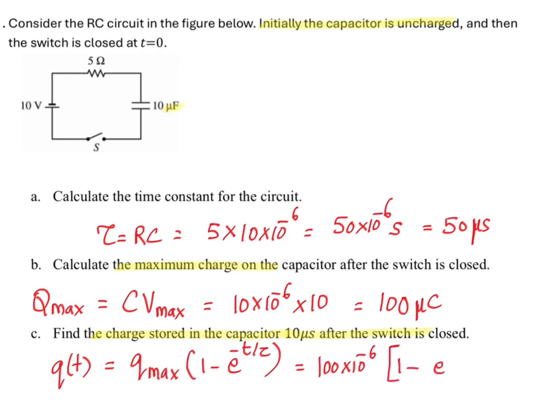Q max we found, we'll substitute that number, which is 100 microcoulomb. 1 minus e to the power of negative t. T is 10 microseconds, so 10 times 10 to the power negative 6. And tau is 50 microseconds, so 50 times 10 to the power negative 6. We can solve it using the calculator and we can get the answer as 1.8 times 10 to the power negative 5 coulomb.